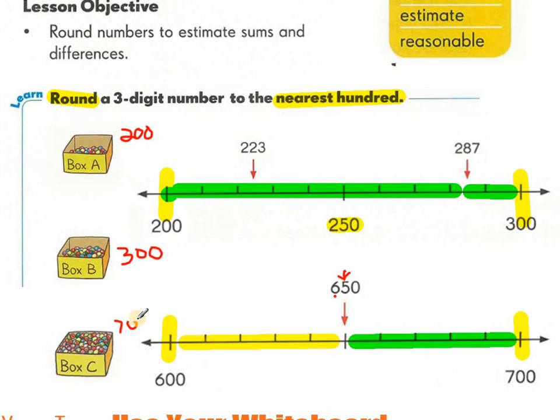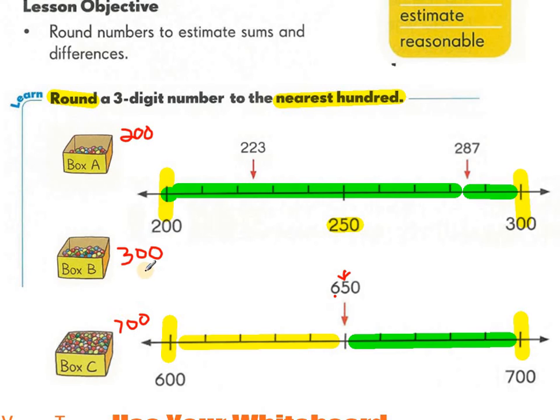Now, if I'm working on a project, I can estimate how much I have in each box and add that together. And if I can add these estimates together, look at all these zeros. When I round, I have all these zeros on the end. And it's really easy to add up all those zeros. Now I'm just adding in the hundreds place.